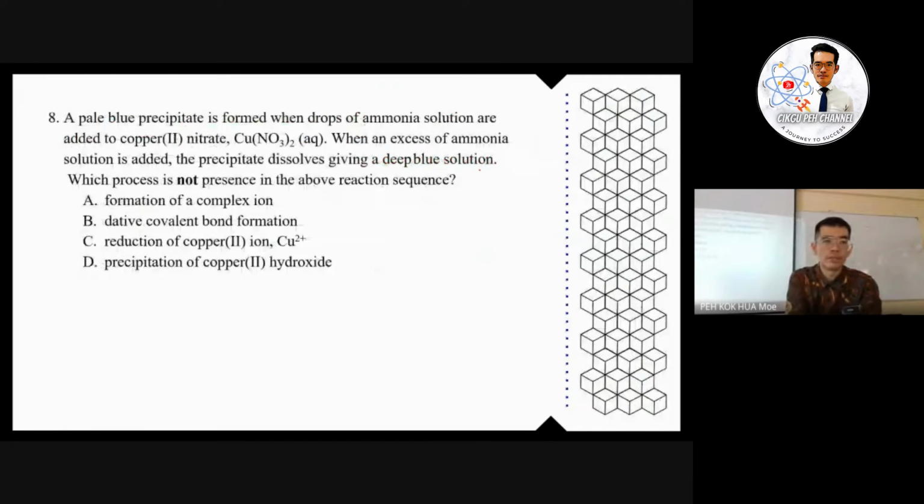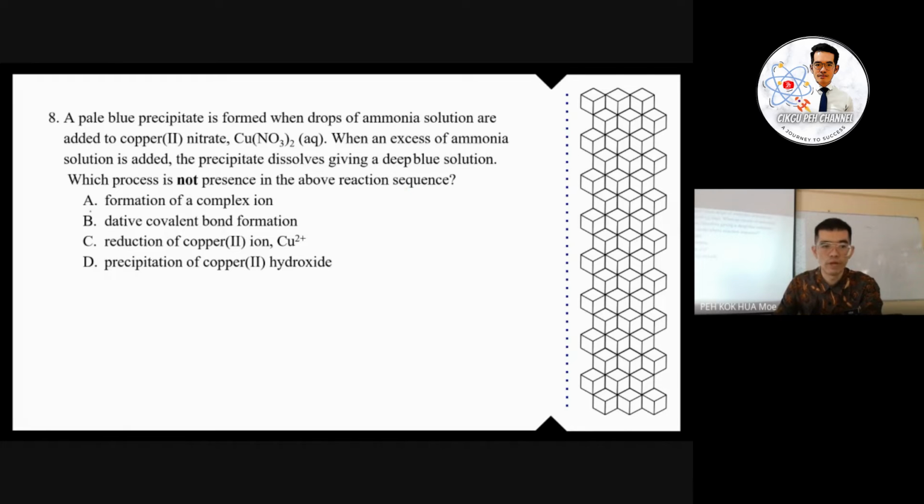For question number 8, a pale blue precipitate is formed when drops of ammonia solution are added to aqueous copper(II) nitrate. When an excess of ammonia solution is added, the precipitate dissolves, giving a deep blue solution. Which process is not present in this reaction sequence?